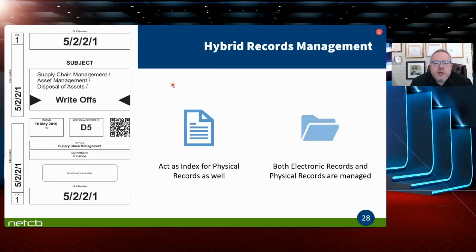In the old days, you first opened up your paper-based physical records file. What now happens is that you open up your electronic records file, and if you know you're going to have paper-based copies in that records file, you just print the cover page of the records file and stick it onto the actual records file. So there's no need for duplication of capturing.